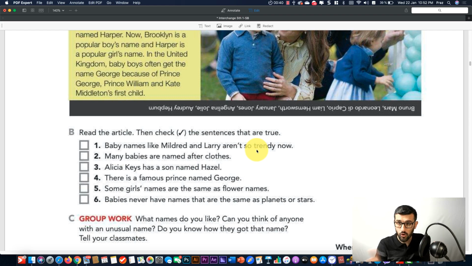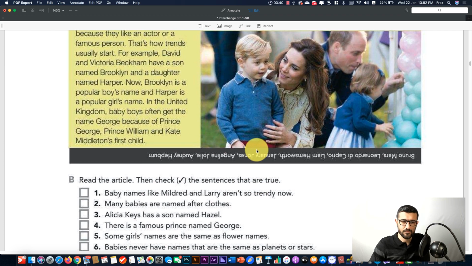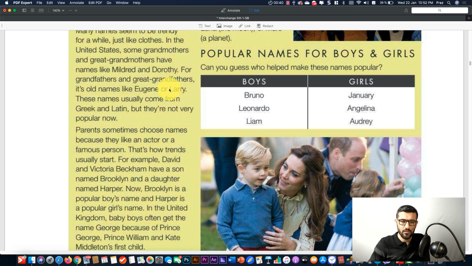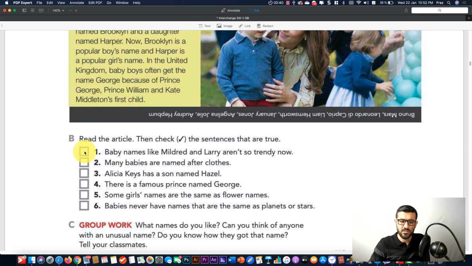Is it true or not? We already said that Larry and Mildred are names of some grandmothers and great-grandmothers, and they are not very popular or trendy now. Okay, that means it's true. The statement is true to the article.